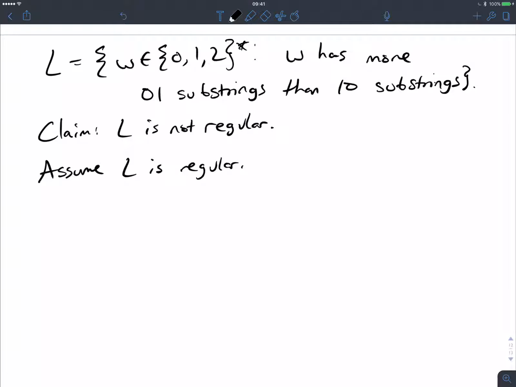There is a pumping constant P for L. Yes. Next thing is choose a string. What two properties of the string must we have? It's in the language and length at least P. Very good.